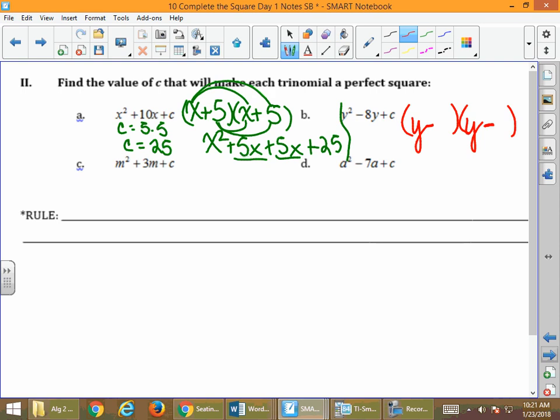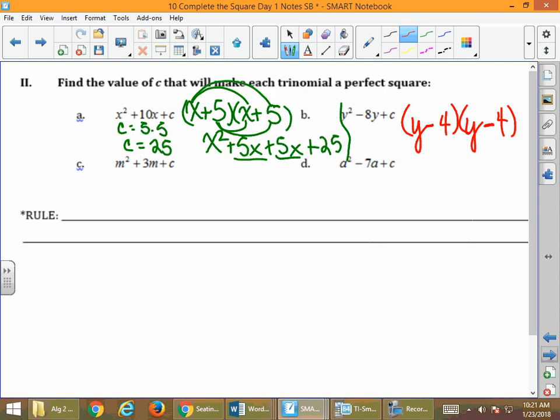And how are we going to split 8 so that we have the same factors? 4 and 4. You are never going to get a plus and a minus, because if they're a perfect square trinomial, they have to be the same in both.